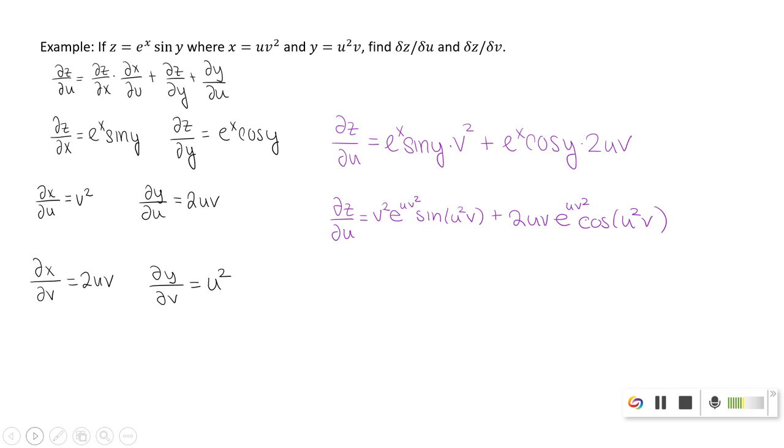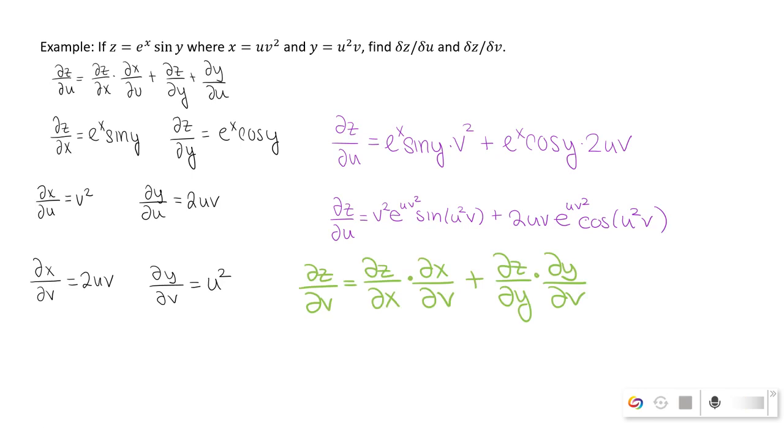And we can go through and do something very similar to find our derivative with respect to v. This time we're going to apply the chain rule to get dz dx times dx dv plus dz dy times dy dv. And so I've already found my partials with respect to x and y in the previous problem, so I won't repeat that part.